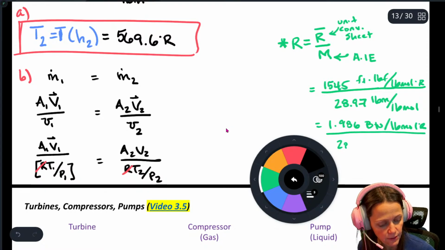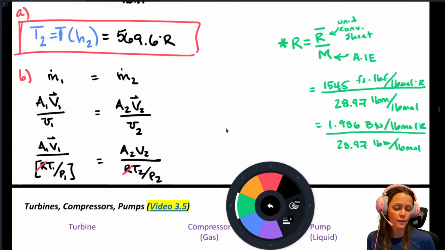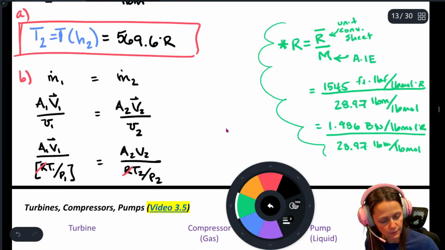The denominator is the same, 28.97 pound mass per pound mole. So just do be aware. It just depends on what units you need. In this case, we didn't need it, but I do want to draw attention to that so that you're aware of it if you need it.